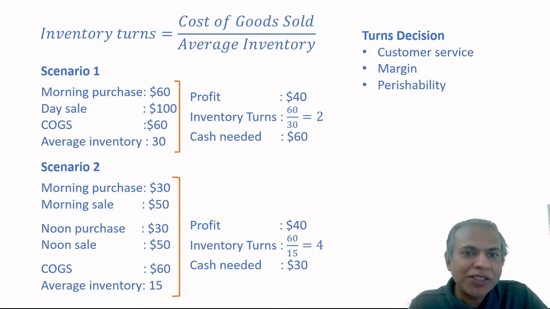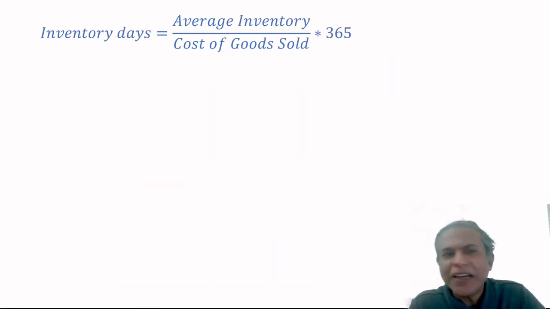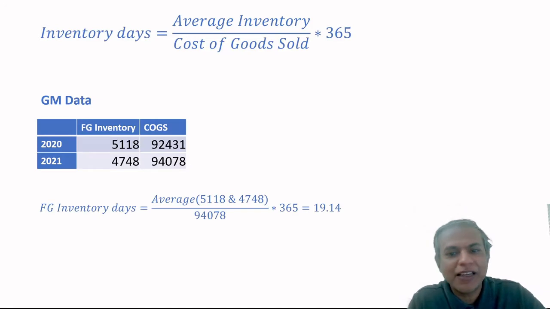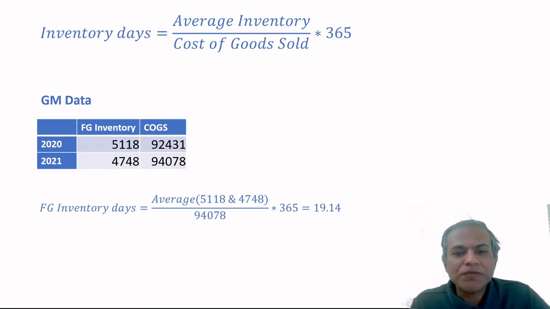Another way of measuring inventory is a very intuitive number called inventory days. It tells you how many days of inventory you are carrying. Again, some General Motors numbers. They had finished goods inventory of $5,118 million, and I've calculated the finished goods inventory days.